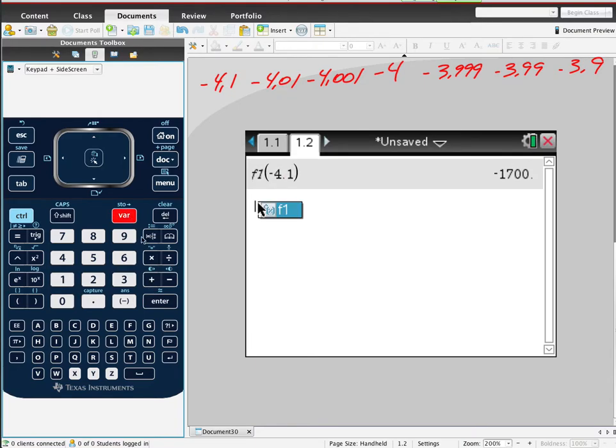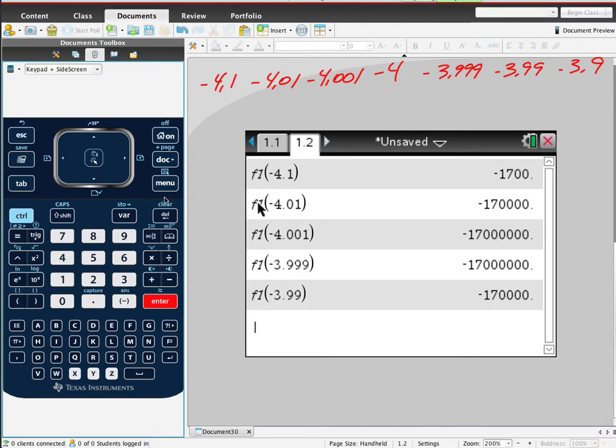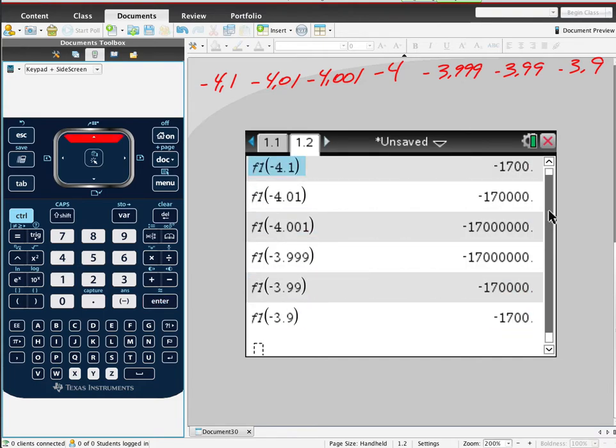Enter, variable, enter, negative 4.01, and so on. Okay, and this is exactly what I was talking about earlier.